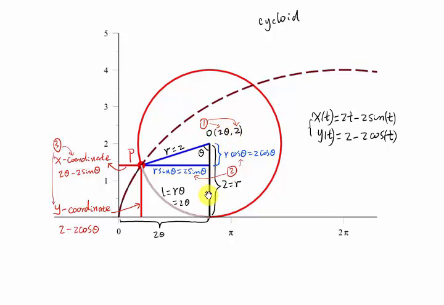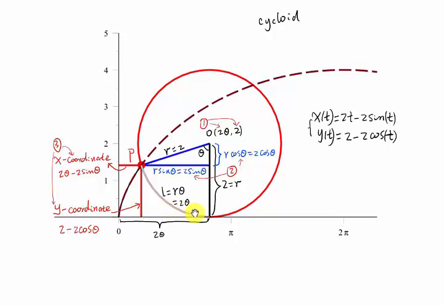The X coordinate is what? Again, the length of this arc equals the length from the starting tangent point to the new tangent point on the ground.